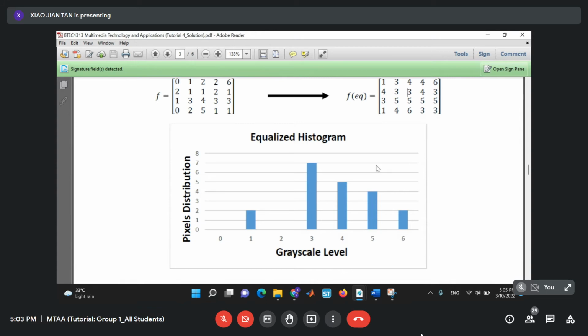But if you need to apply subsequent processing to the input image, I do not prefer histogram equalization because it may disturb the entire distribution of the histogram throughout the image. Sometimes I think it introduces noise to the input image.